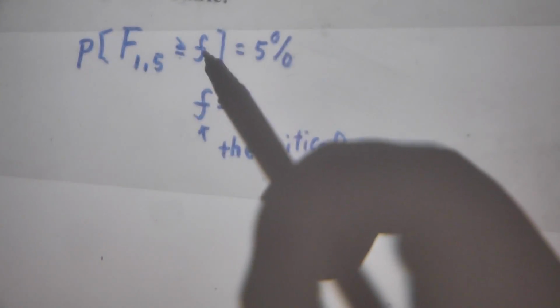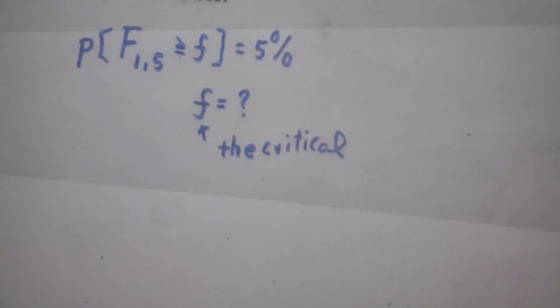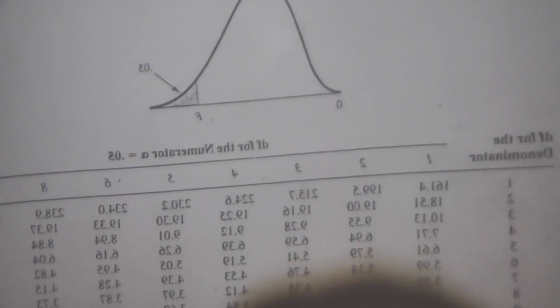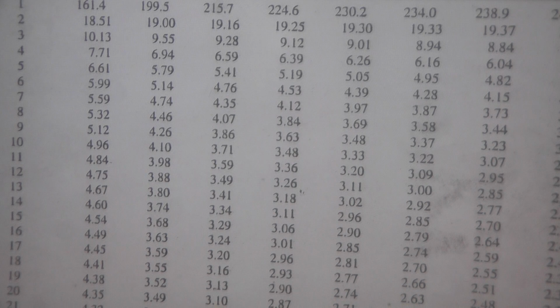How can we use an F table to find this critical F value? So this is the F value. Okay, let's look at the F table together.